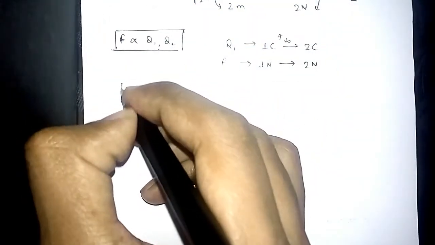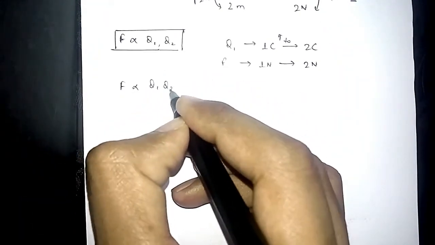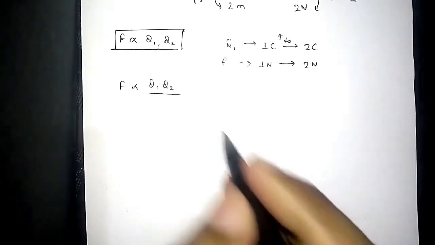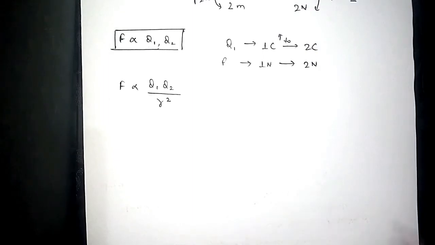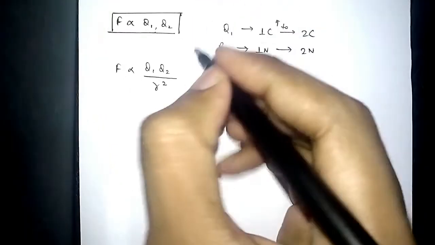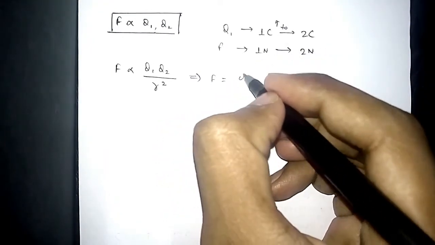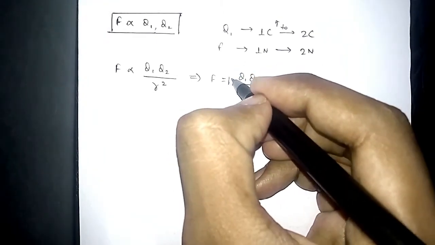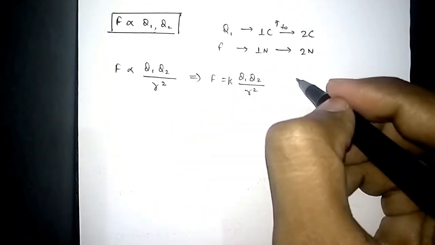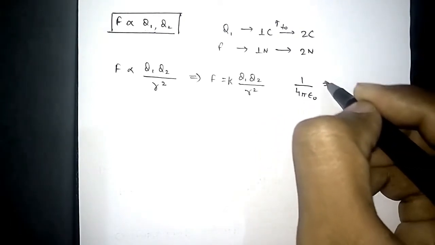So he combined both these relations together. Force is directly proportional to Q1 and Q2, and inversely proportional to the square of the distance between those charges. Okay, to remove the sign of proportionality, F equals Q1 Q2 upon r square, he added a constant k. The value of k was 1 by 4 pi epsilon naught.